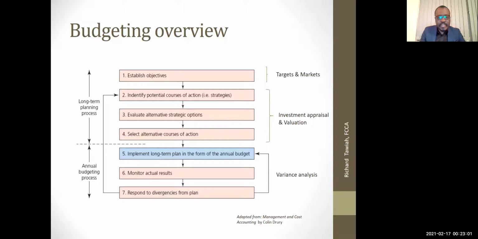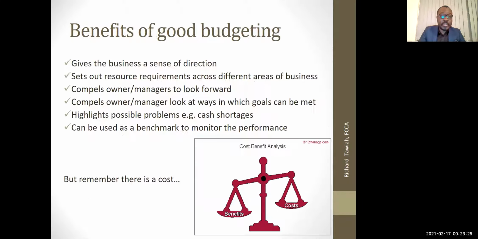And if there are any variances, we point them out, monitor these results, and put in place some activities to ensure that these variances are resolved. Okay, this flow chart we are seeing is typically derived from Colin Drury's Management and Cost Accounting book. All right.